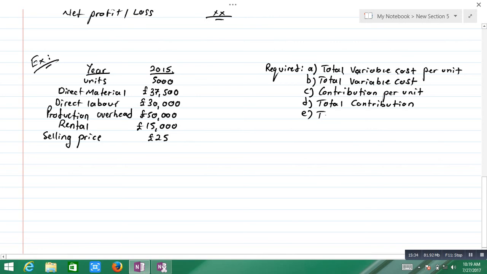F, CS ratio. G, break-even point units and break-even point value.